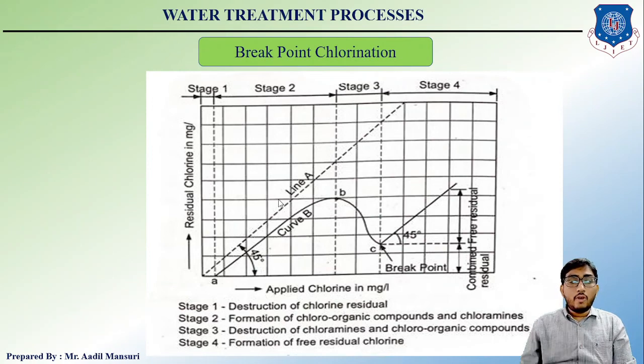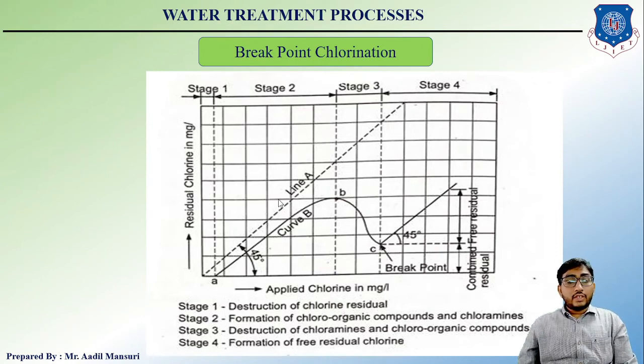Talking about points B and C, some chloramines will be converted to nitrogen trichloride, that is NCl3. The remaining chloramines will be oxidized to nitrous oxide, that is N2O, and nitrogen. And the chlorine will reduce to chloride ion.